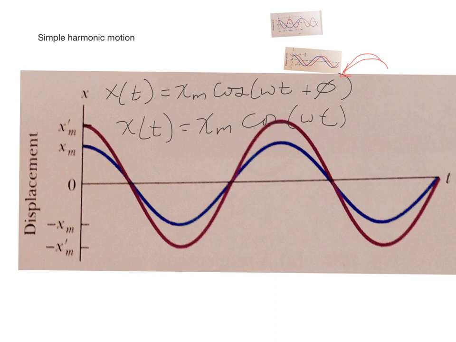So when the object is at its max amplitude, at that location, we need to make sure that this function equals 1, so that the x at the period is going to equal xm, because that would take one period from 0 to here to return to its original starting point.